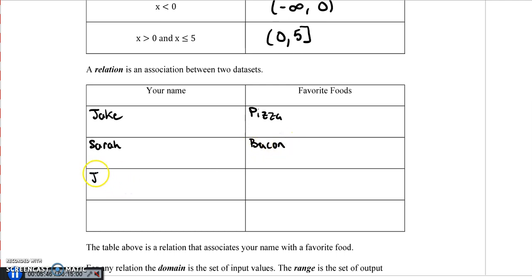And we have John, who really likes, we'll say, Mexican food. Also, some other bacon, and John's just by himself. So this is a relation here where you're given some names, and those names relate to a favorite food.